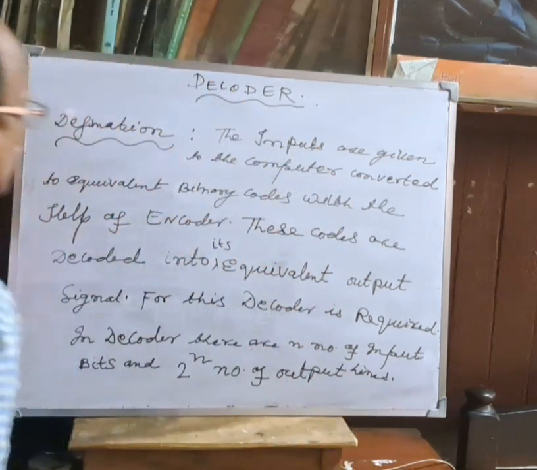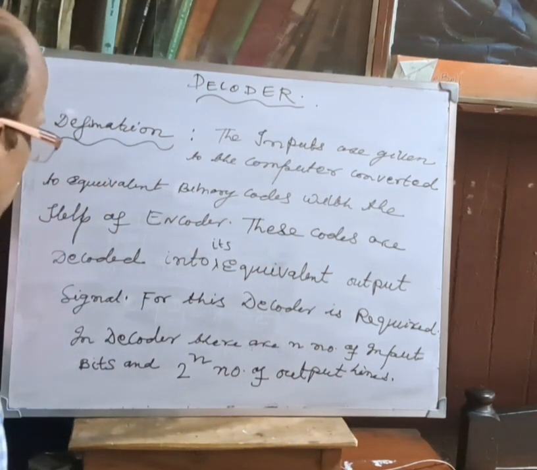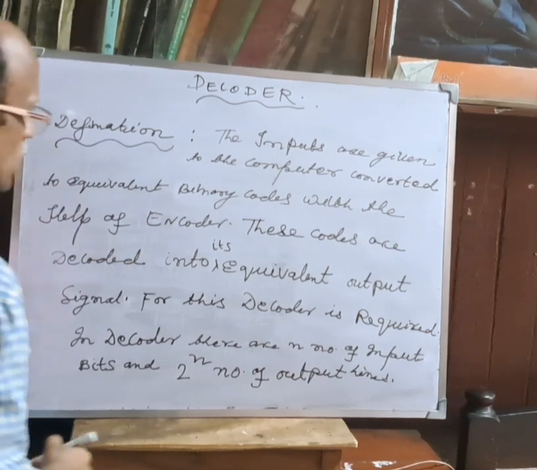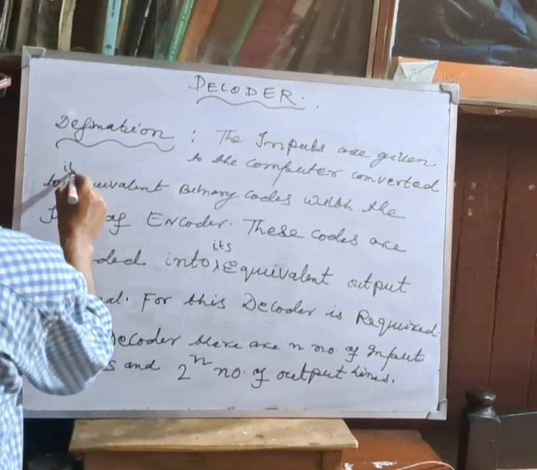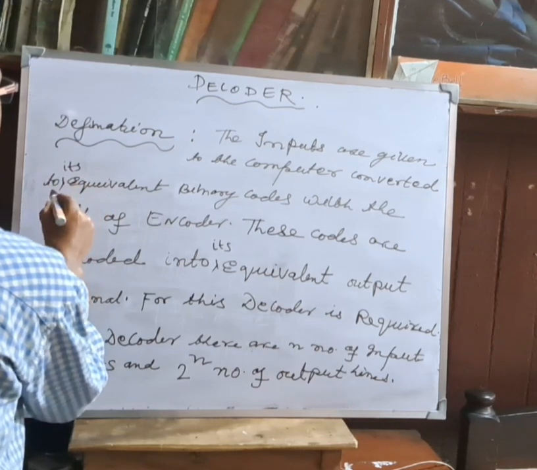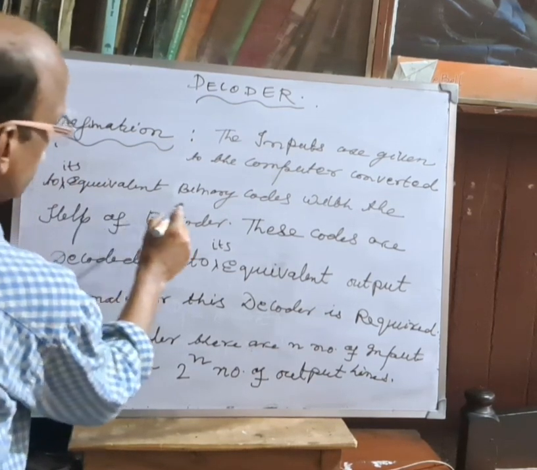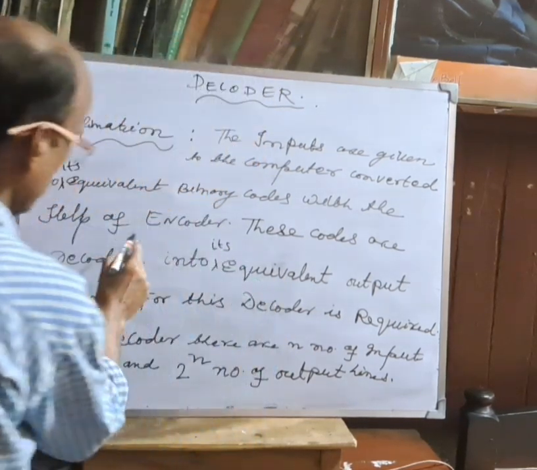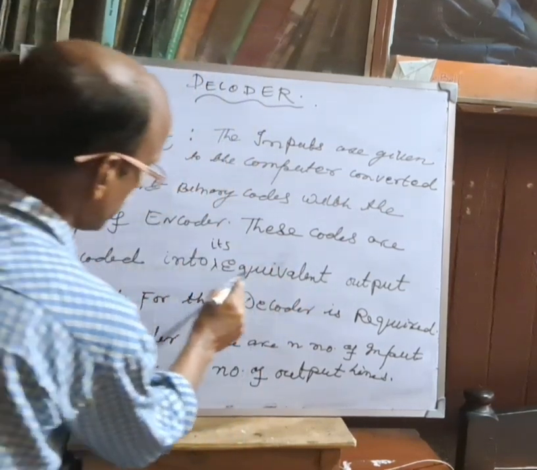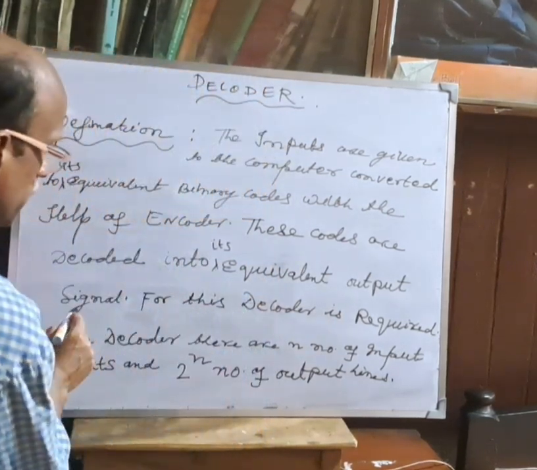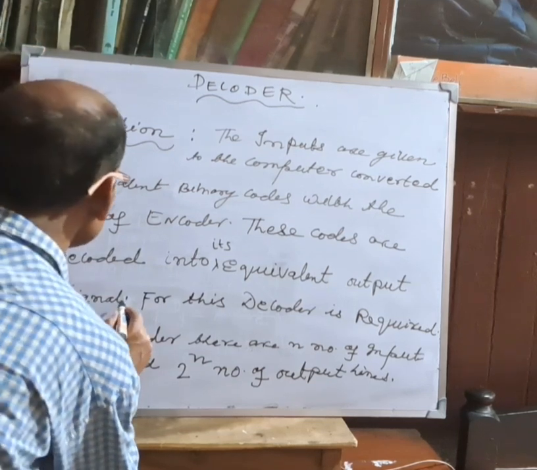The inputs are given to the computer, converted to its equivalent binary code with the help of encoder. These codes are decoded into its equivalent output signals.